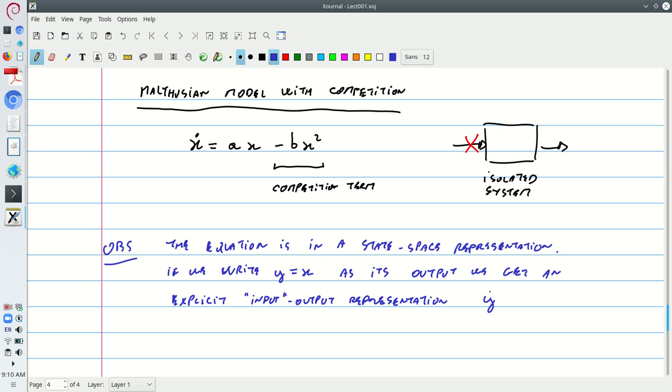That is y dot equal to ay minus by square.